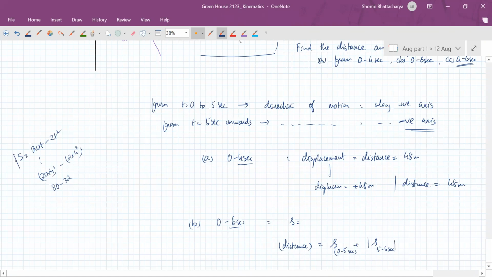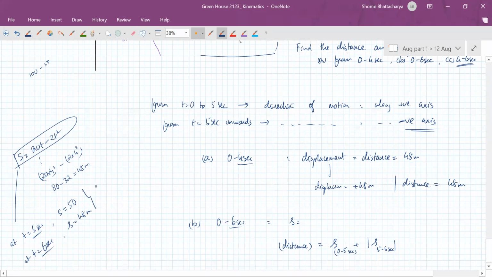So from this equation, you can see that at t equal to 5 seconds, the displacement is how much? 100 minus 50. So that's 50. At t equal to 6 seconds, you can see that displacement is 48 meters.